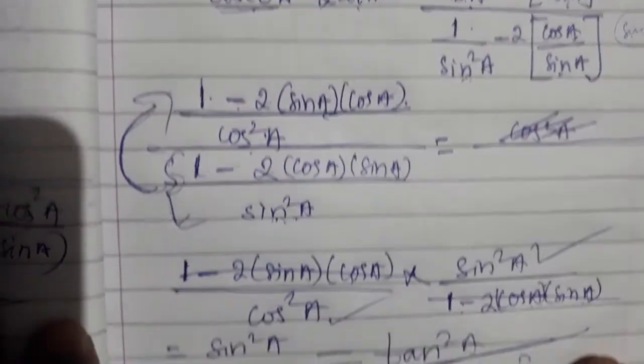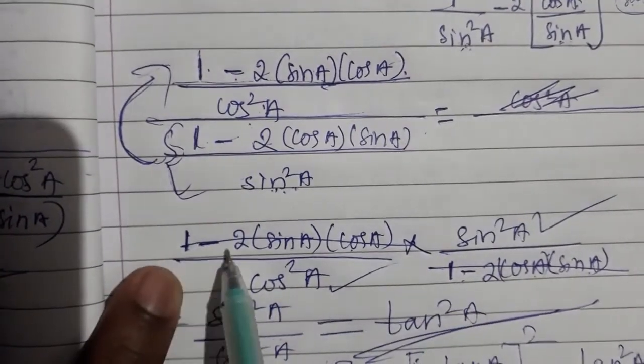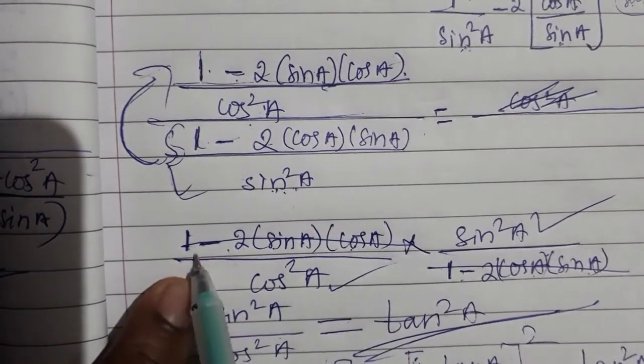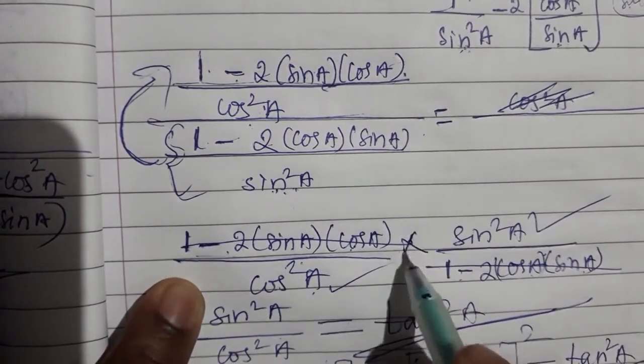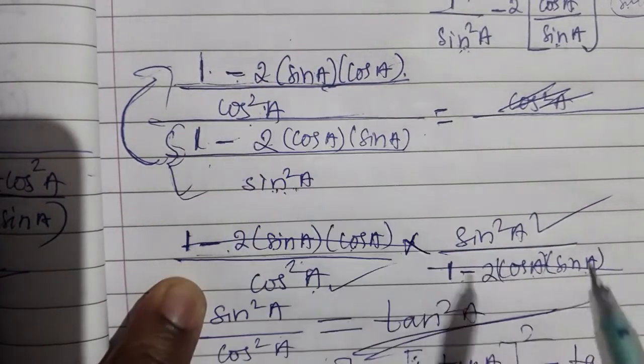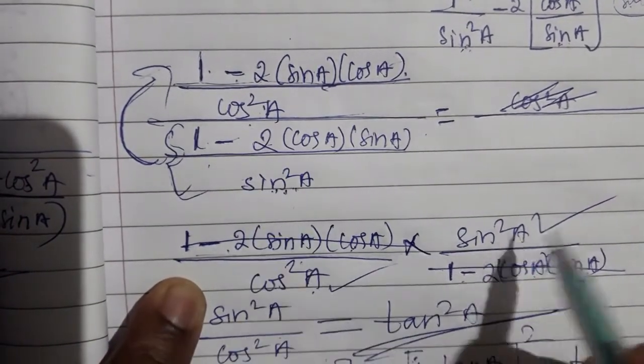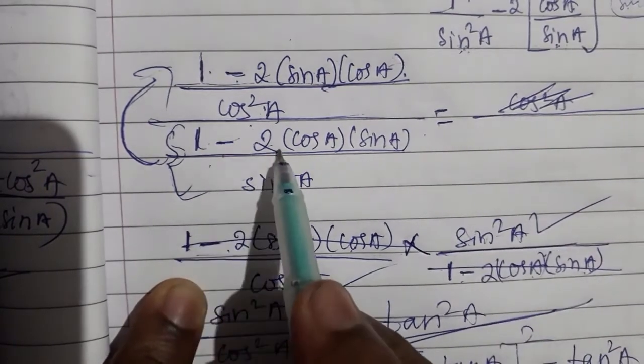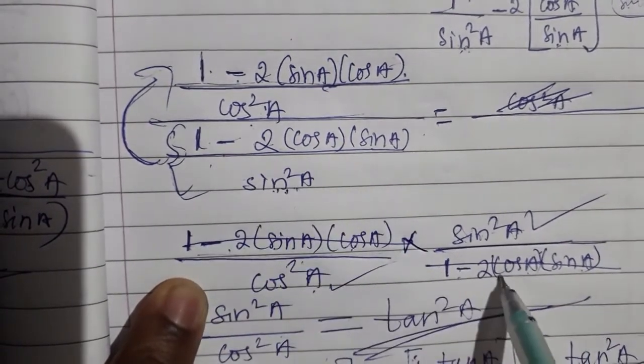Write the numerator as it is. What is that? 1 minus 2 sin A cos A by cos²A into, when the denominator is shifted to the numerator, you have to take the reciprocal. So sin²A will be written in the numerator, and 1 minus 2 cos A sin A will be written in the denominator.